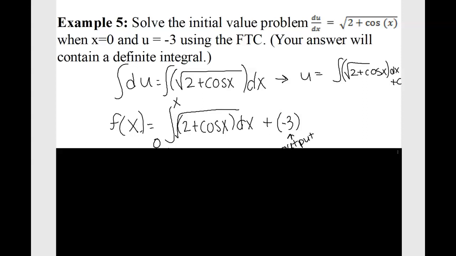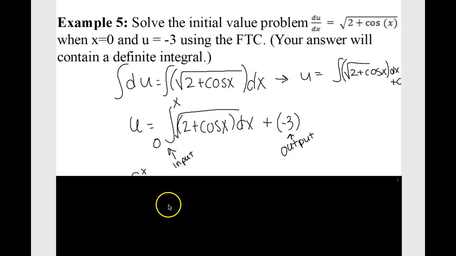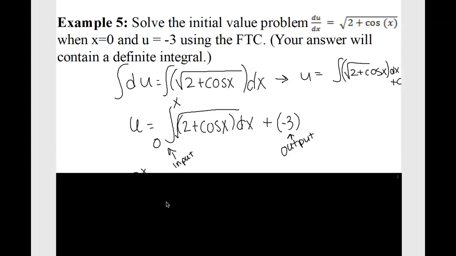So they're interchangeable. That f of x is interchangeable with u. They mean the same thing. So not f of u, but f of x and u. Again, I repeated that input-output fundamental theorem of calc idea.